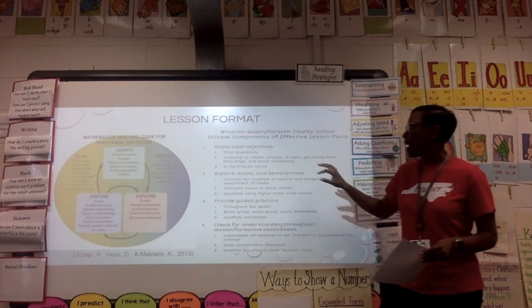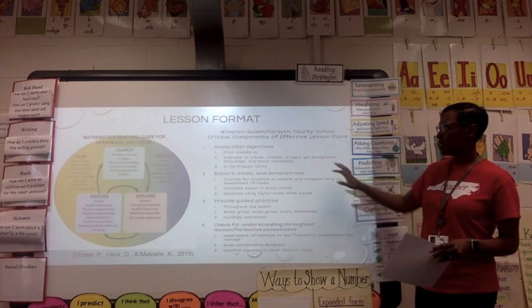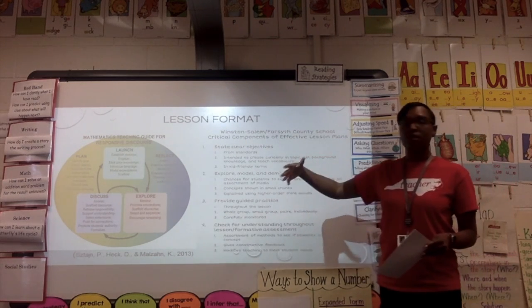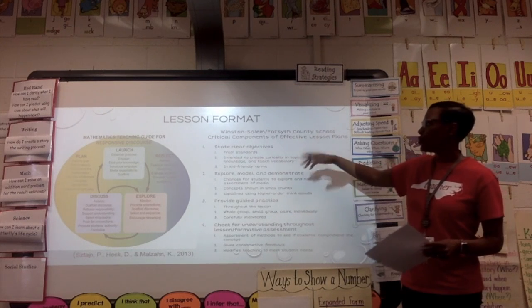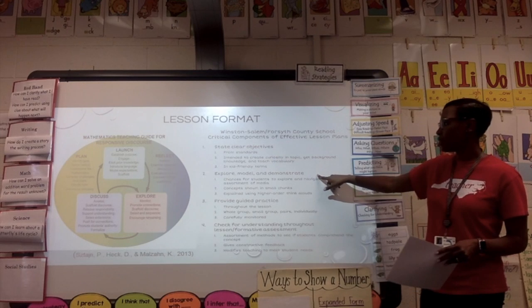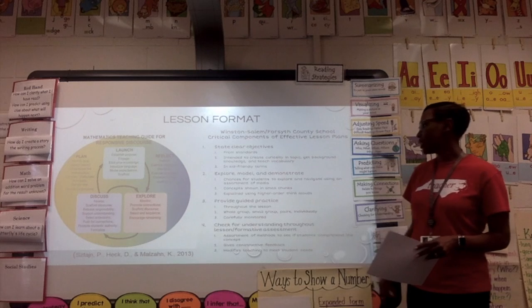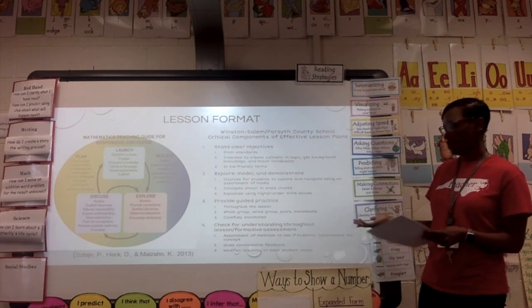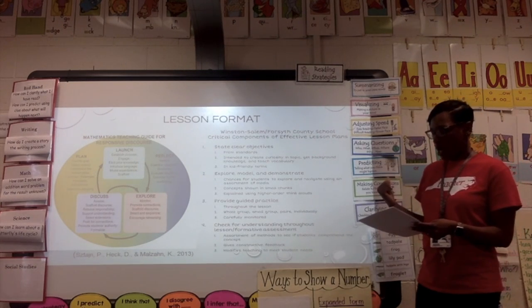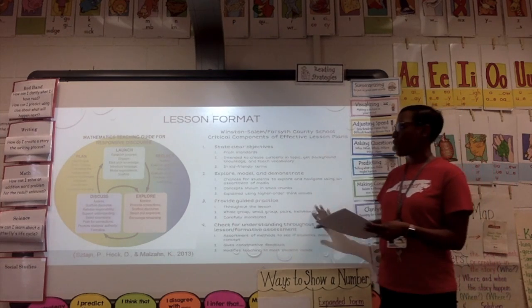On this side, you have the Winston-Salem/Forsyth County Schools components of an effective lesson plan, which you all mostly are used to. So we have to state clear objectives, explore, model, demonstrate, provide guided practice, check for understanding throughout the lesson, or formative assessment. Now, where does the launch fall in the four components for our district?